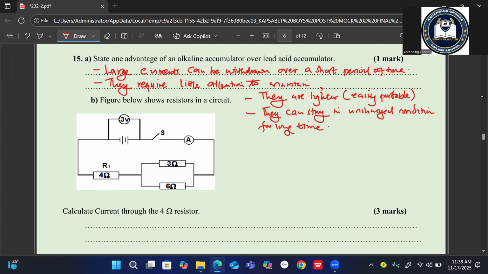Our part B, we are told that we are having some resistors in a circuit. Then you are told, calculate the current through the 4 ohm resistor. Here we have the 4 ohm resistor, we have 3, we have 6. The first thing is to calculate the effective resistance of the circuit.